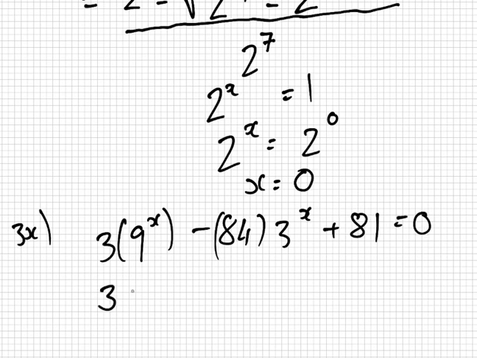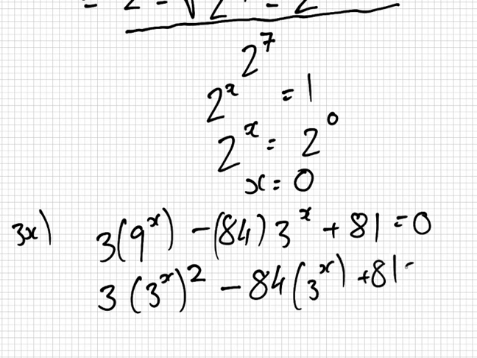So this is 3 power x squared minus 3 power 4. Is that 81 or 84? Oh, it's 84. Alright. 84, 3 power x plus 81 equals 0.